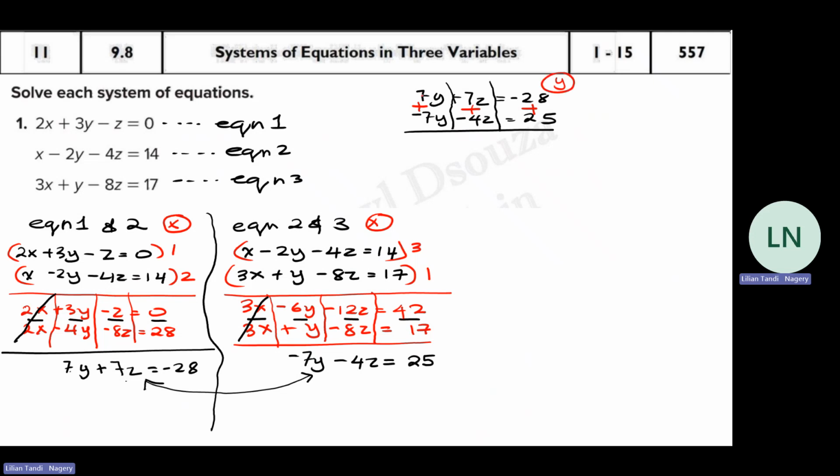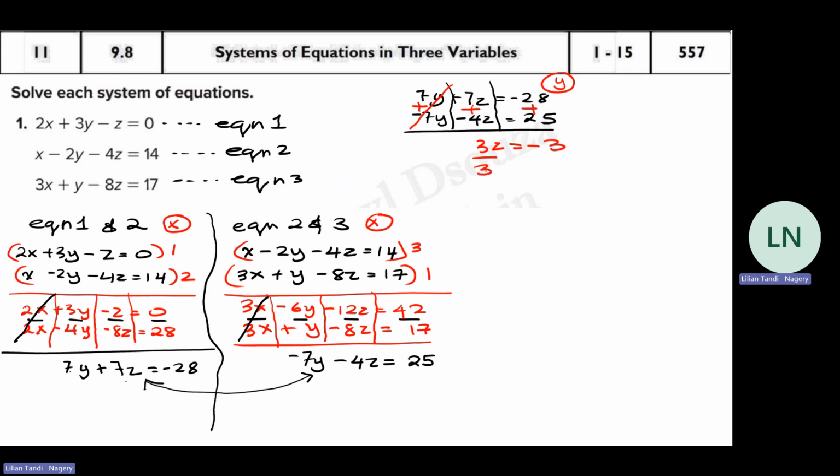Positive 7 plus negative 7 becomes 0. Wait, no, this one will be positive 3z because positive 7 minus 4 is positive.